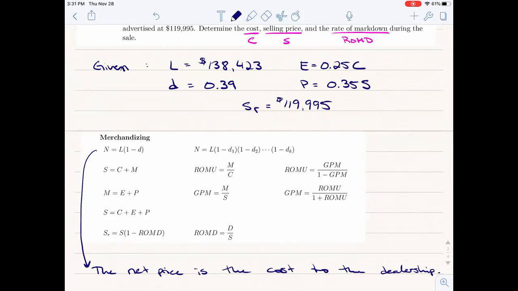So that's telling me that looking at this, I'm going to have to first find S. So make sure you can find S, and then you can find the rate of the markdown. Right, so you can kind of get clues from your formula sheet, right, by what you're given. And I know E and I know P, and I know C now because I solved for it, and I know S is C plus E plus P. Given all that, I can find S, right?